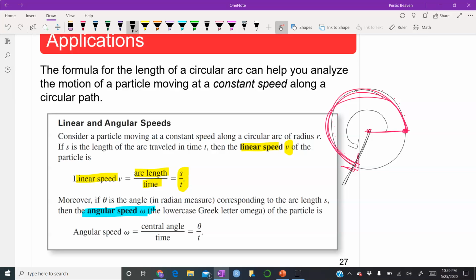That will be considered the angular speed. And so here again, theta will be the radian measure, and we will use the lowercase Greek letter omega, it looks like a W, to denote the angular speed.